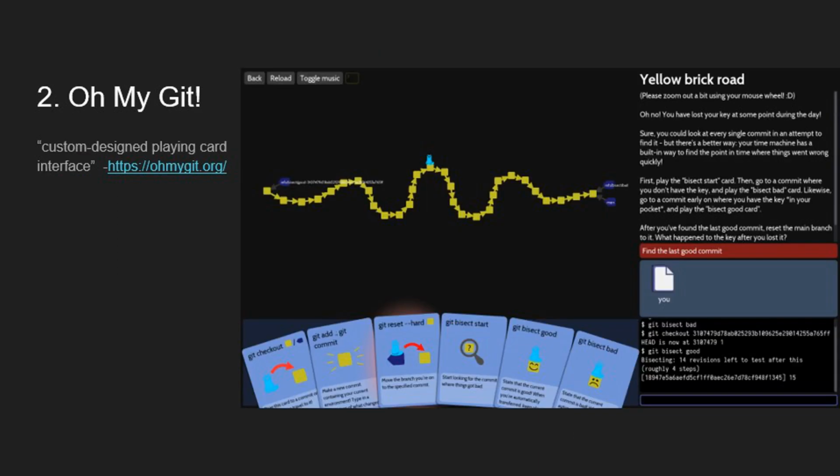Oh My Git started off okay, introducing its custom design playing card interface and framing Git as time travel. I find navigating between the levels easier on Oh My Git. I tried not to use the playing cards just so I could practice working through the command line, but I did use it like a cheat sheet of sorts.